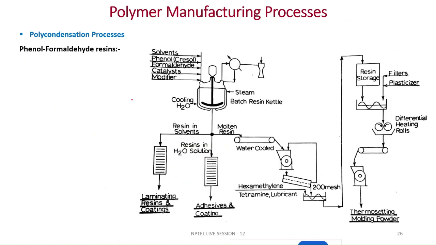So we will now discuss the phenol formaldehyde resin preparation. Here the solvents, phenol, formaldehyde, catalyst and modifiers are all sent to the batch type of reactor, where the cooling jacket is very important because the polymerization reaction is an exothermic process.